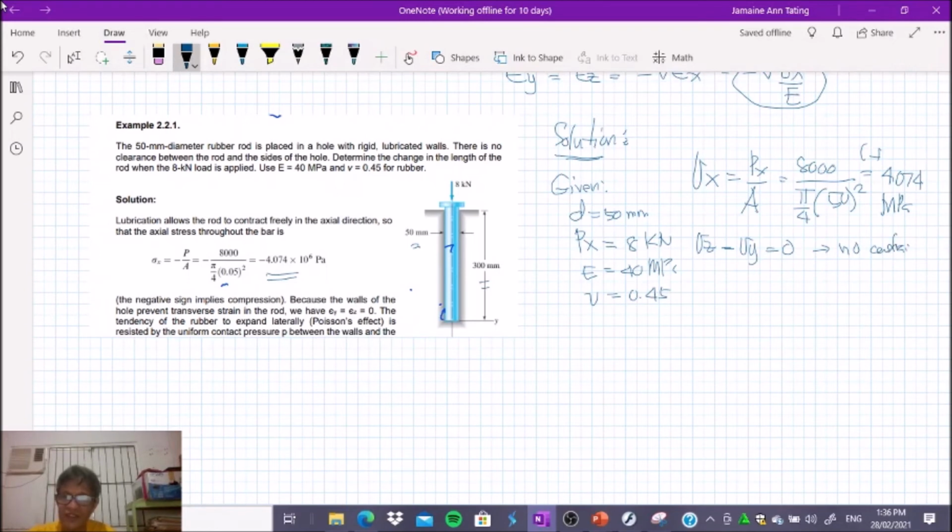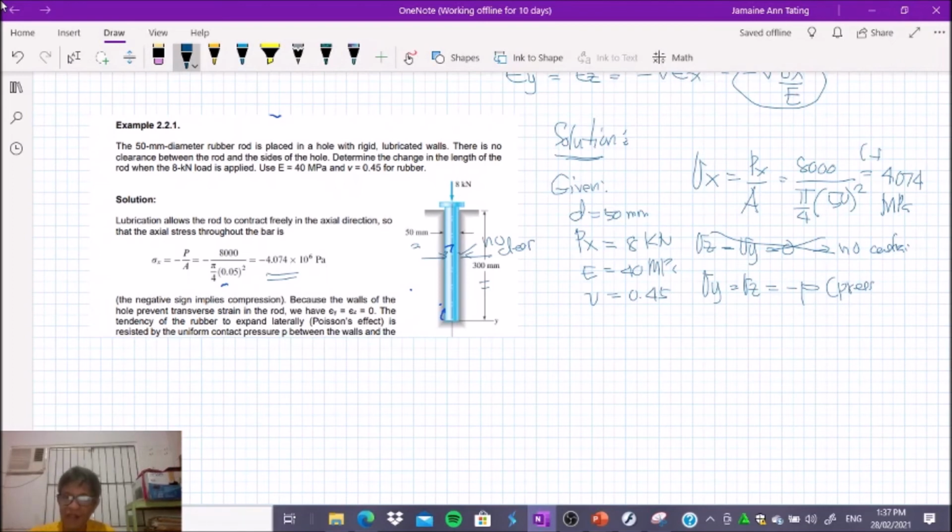Now, that is not valid because it says here there is no clearance. Because there is no clearance, there will be an effect. So this will be subject to full compression. Then it is assumed that sigma Y will be equal to sigma Z, and this will be equal to negative P. Meaning, it is pressure. We just made it pressure, P.